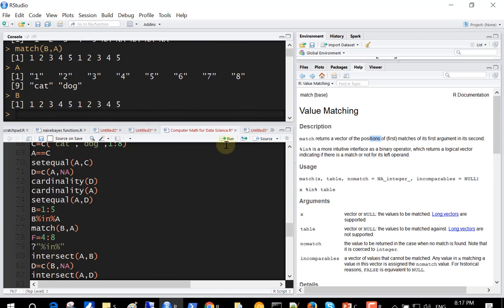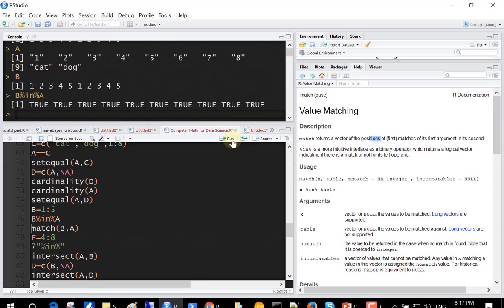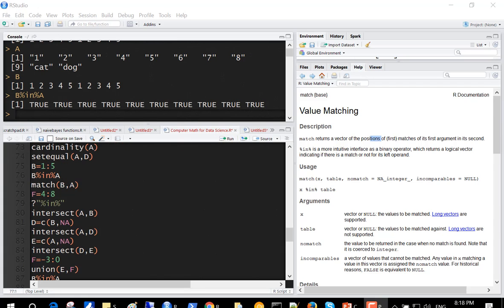But we can do this one, and we get that. So I think I got a little bit confused here because the B's and A's are a little different than what they are in the PowerPoint. But looking at B and A here, here's B, here's A. Now we get 10 results because B is of length 10.